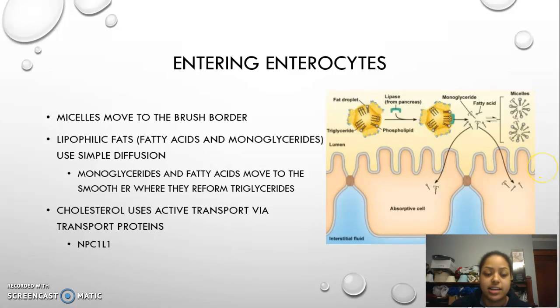Cholesterol, on the other hand, must enter the cell using active transport via energy-dependent membrane transporters such as NPC1L1, which is a transporter that can be inhibited by the drug ezetimibe, which will lower cholesterol levels in the body.